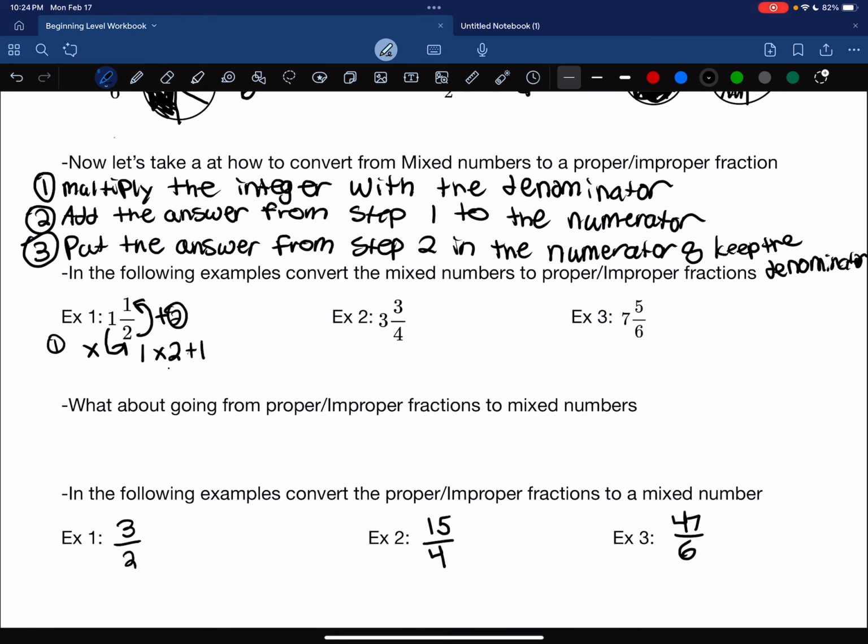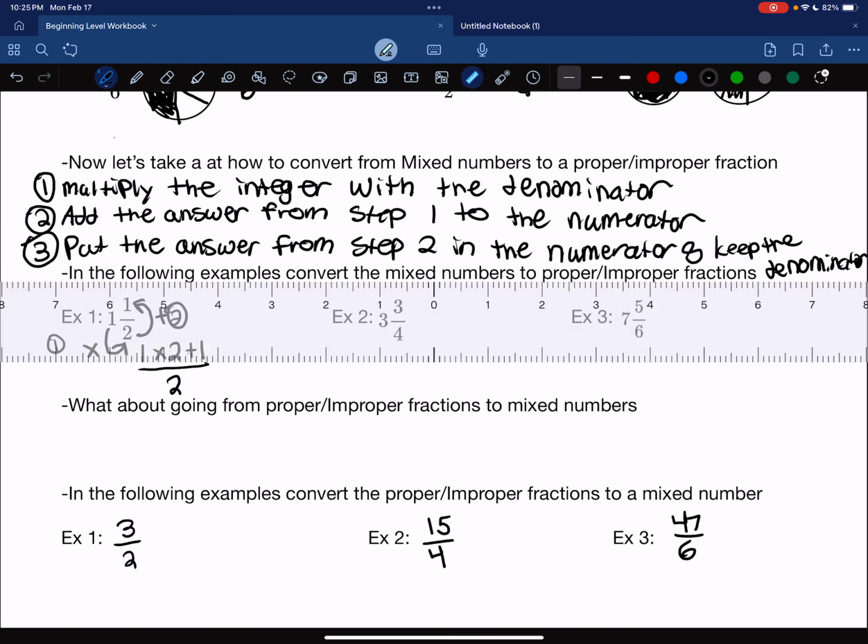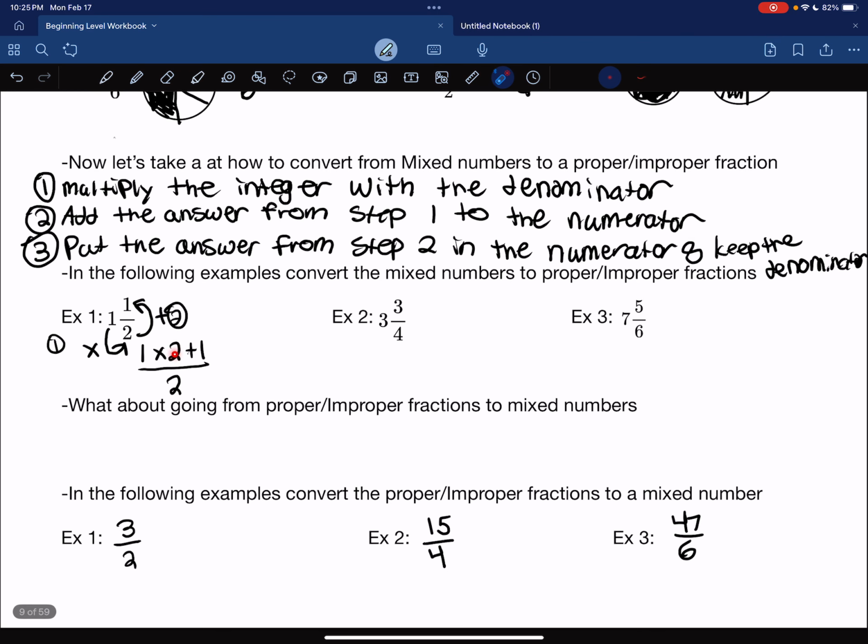So we have 1 times 2 plus 1, and then we're going to take all of that divided by the denominator, which is 2. So, 1 times 2 is going to be 2. And then we're going to bring that plus 1 divided by 2. And 2 plus 1 is 3. And then we keep our denominator. That's our answer, 3/2.